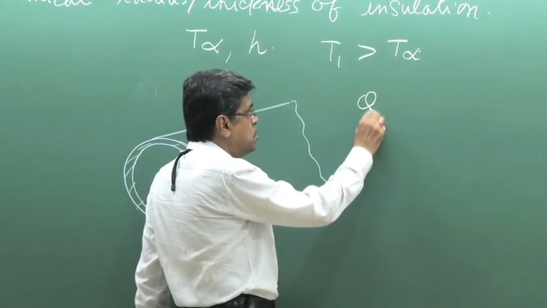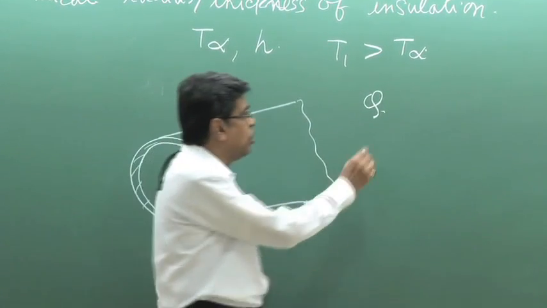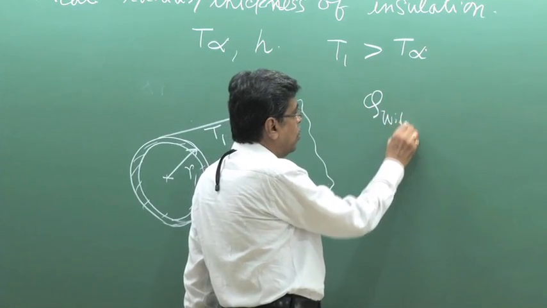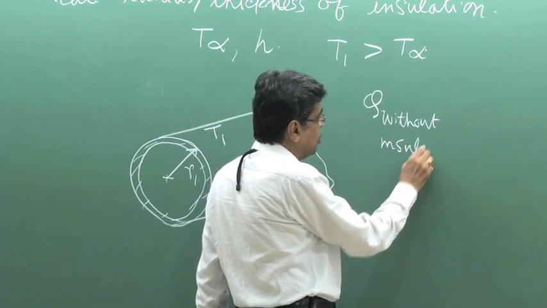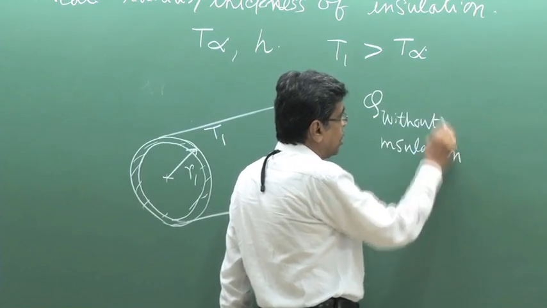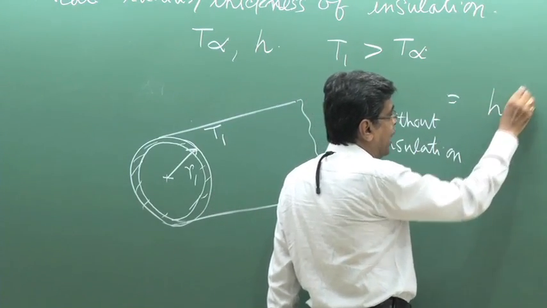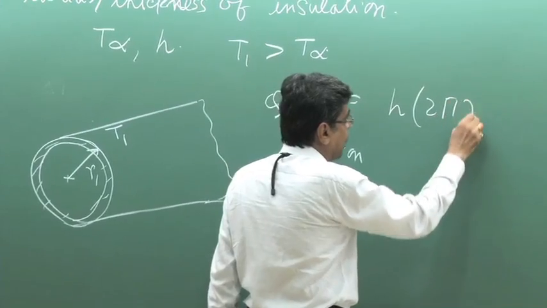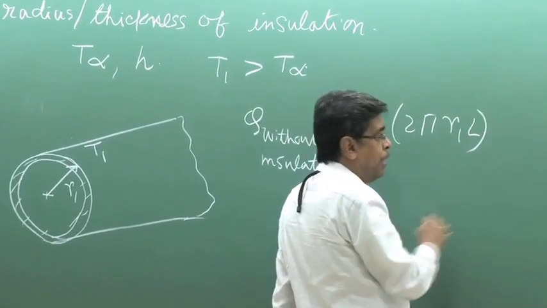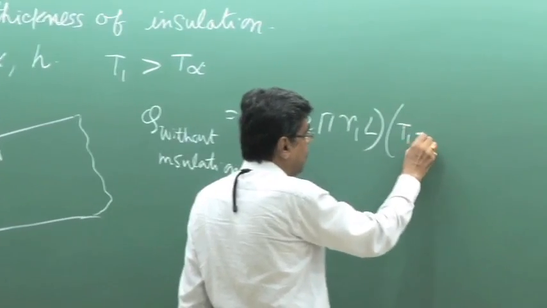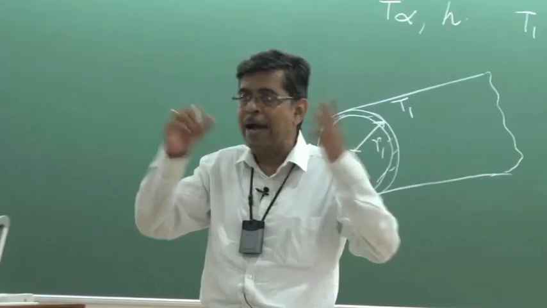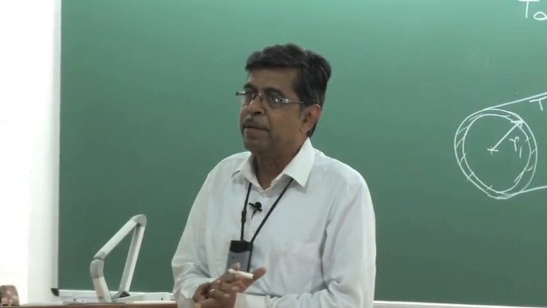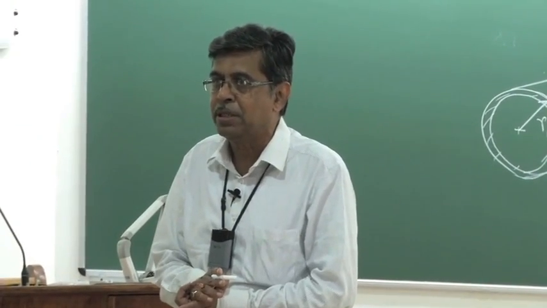Q without insulation equals h into area, 2 pi R1 L, into T1 minus T infinity. Now I want to reduce this heat loss. Common sense says that you add insulating material, that means material of lower thermal conductivity.